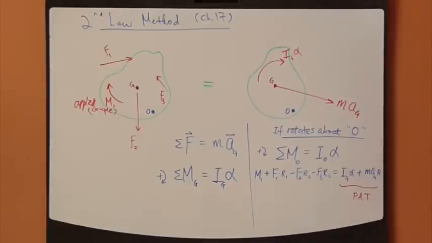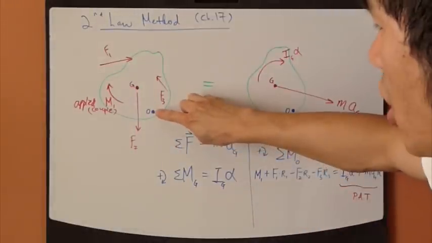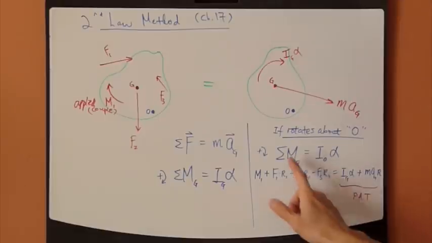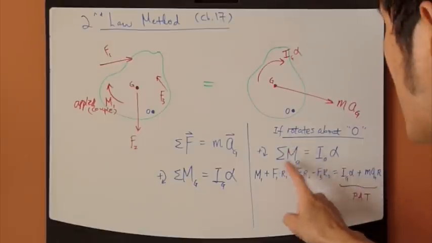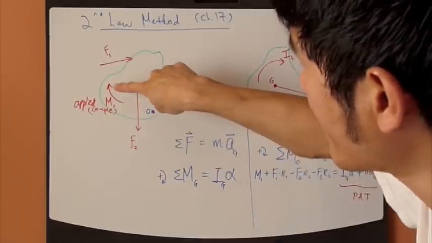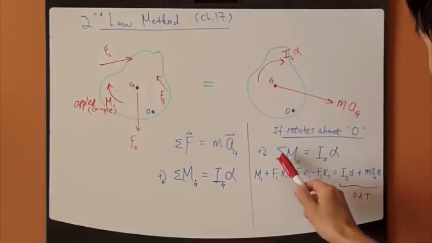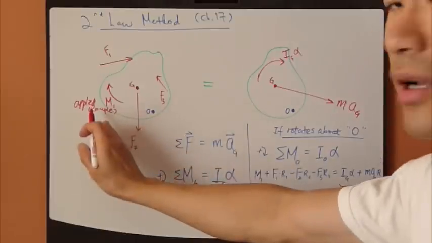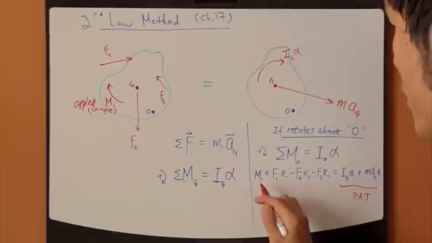Now applying this to this picture right here, where my point O is I chose to be this location. Let's expand it. Left hand side, sum of moment, with all these given forces and the applied couple. The first term is M1, the applied couple, simple as that.